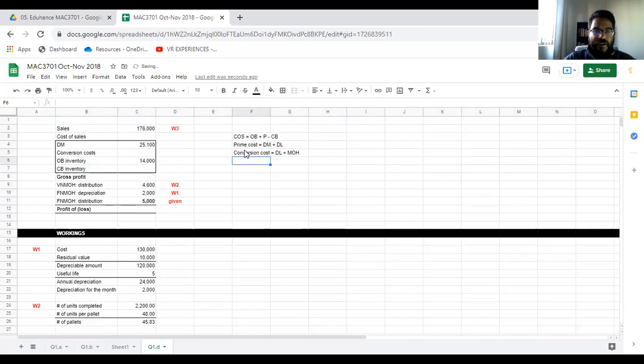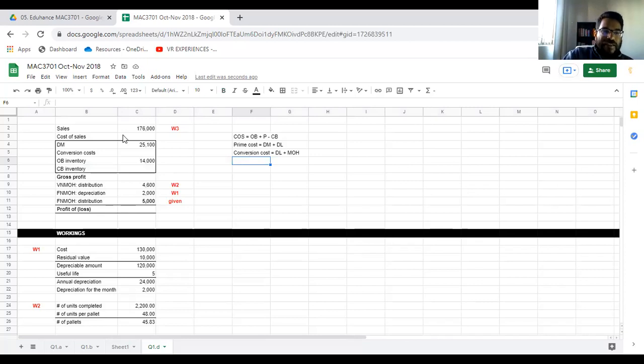So just be aware of that. That is why, when you think of the cost of a product, run through your mind that the cost of a product is direct material, direct labor, manufacturing overheads. Which manufacturing overheads? It depends on the system. Because we're using absorption costing system, manufacturing overheads will be both variable and fixed. That must be in your head.